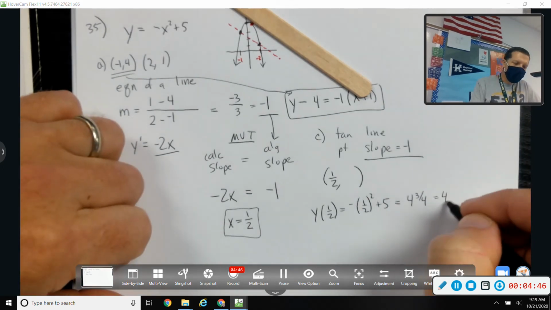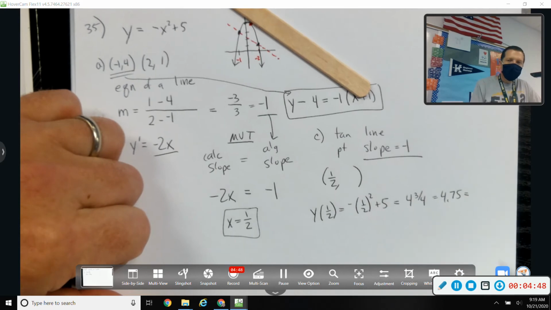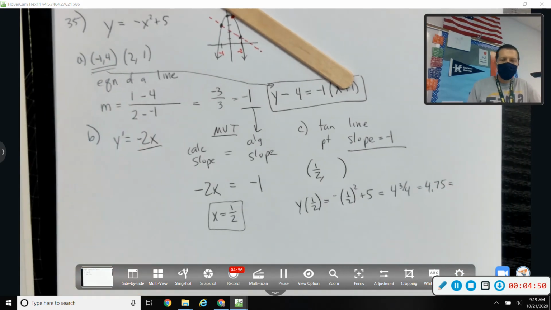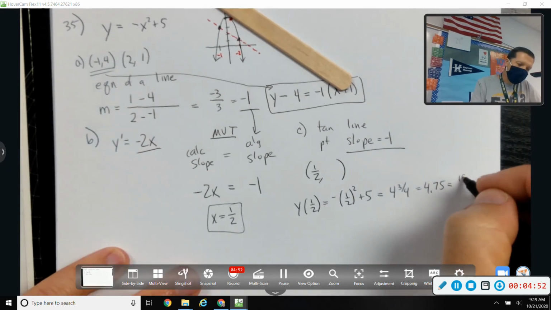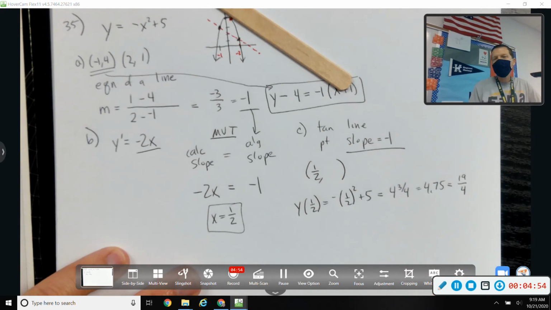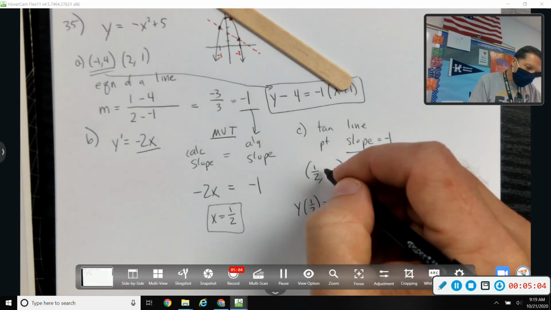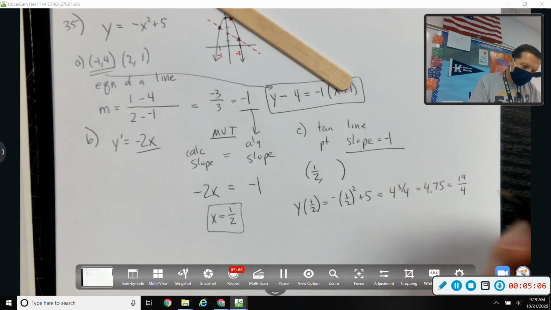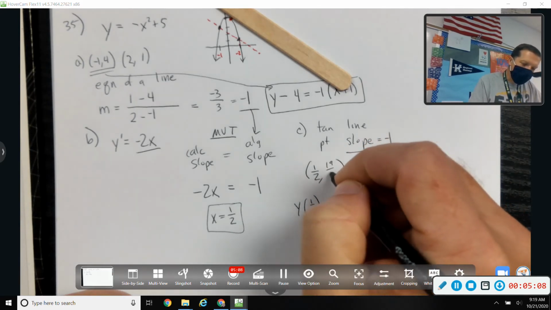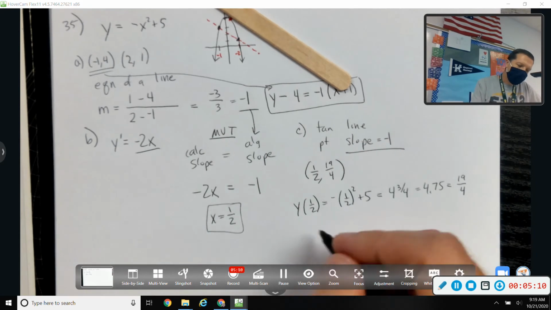If you want to switch to, let's see, would that be 19/4? If you want to go that route with it. All of those are equal. They're all acceptable. Usually we don't care in calculus. Whichever one makes the most sense to you is fine. I'll go 19/4, although again, pick any of them.